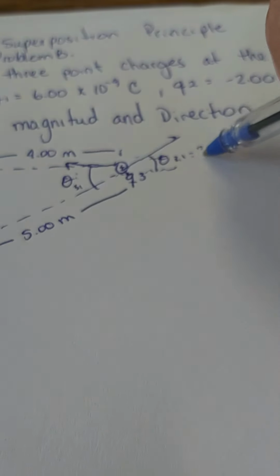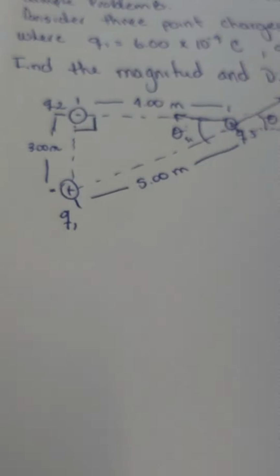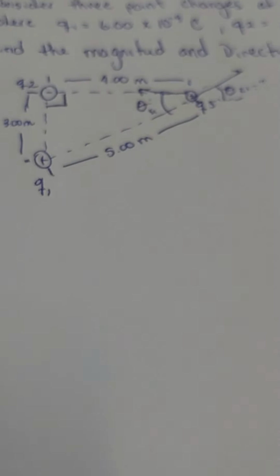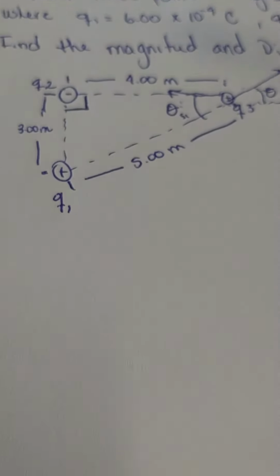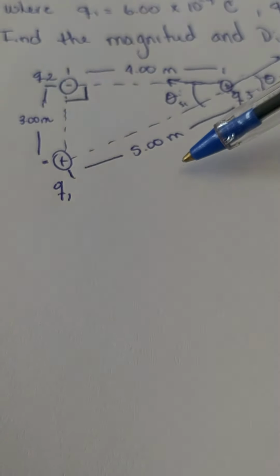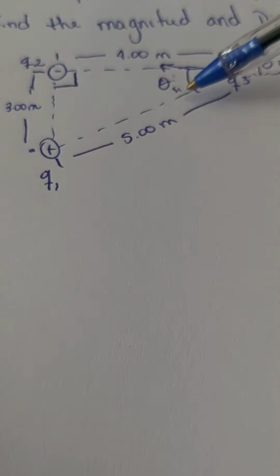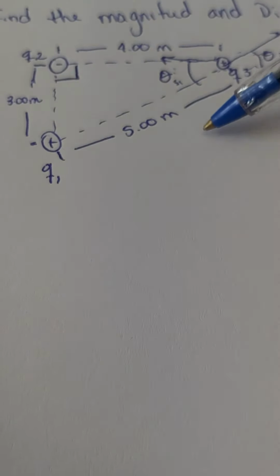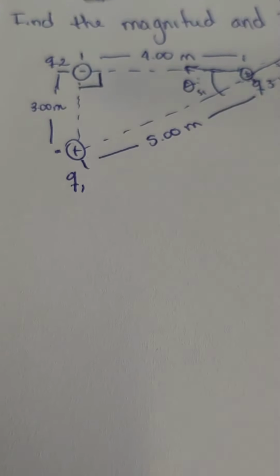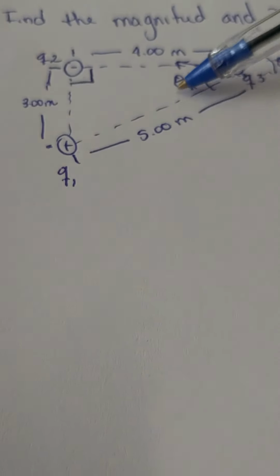We need this angle first. Using trigonometric ratios, remember that the side opposite the right angle is the hypotenuse. We can use adjacent over hypotenuse, or opposite over hypotenuse, to find this theta.